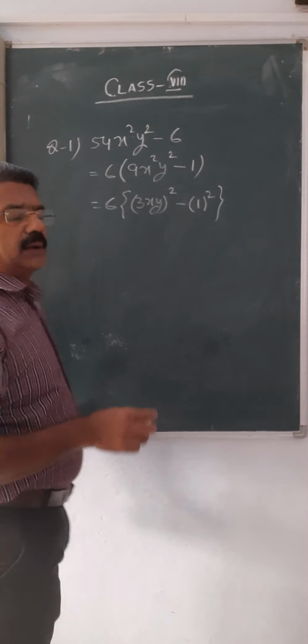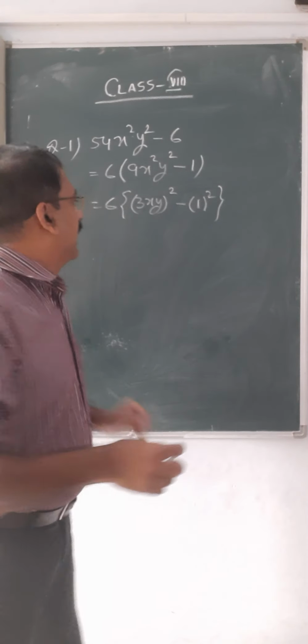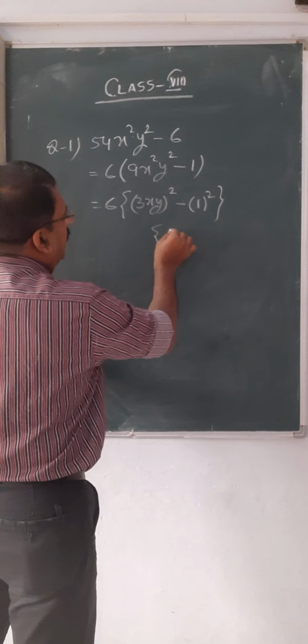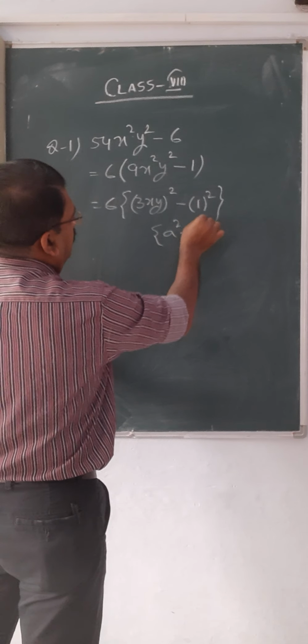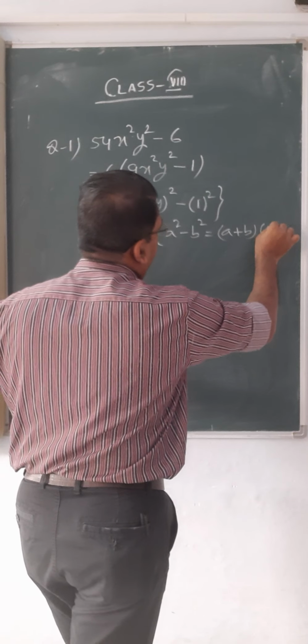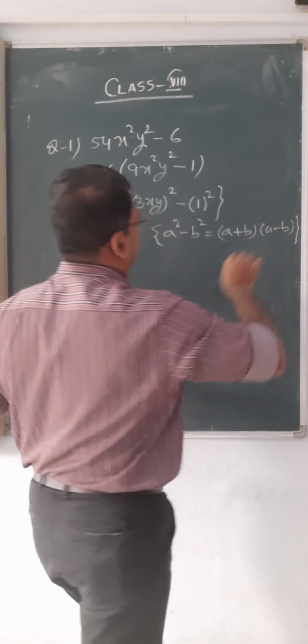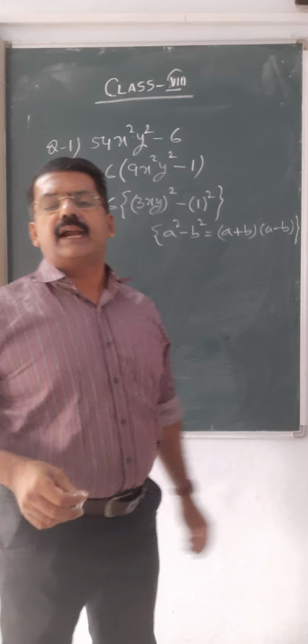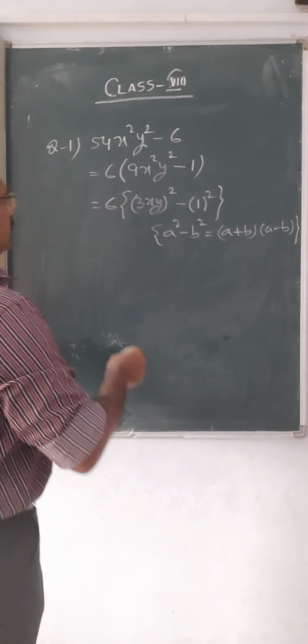And now we are going to apply an identity, and the identity is a square minus b square is equal to a plus b in one bracket and a minus b in the other bracket.